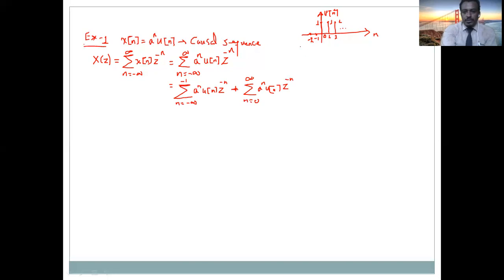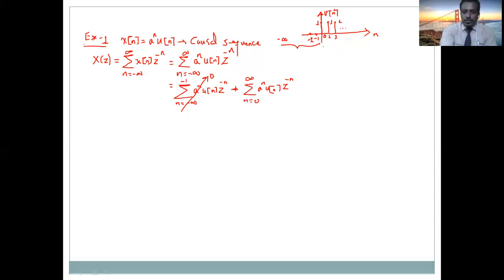As you can see from the unit step, from minus infinity up to minus 1, u of n is 0, so 0 times a to the n will be 0. So this part will be 0, right? Because of u of n.